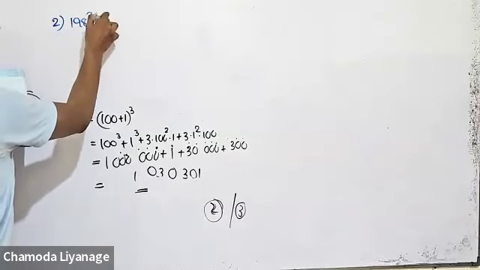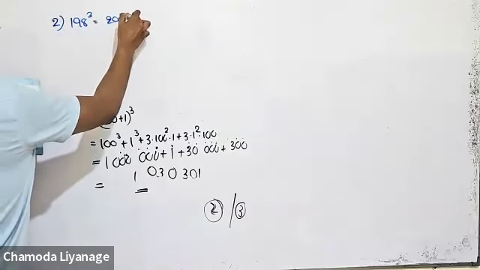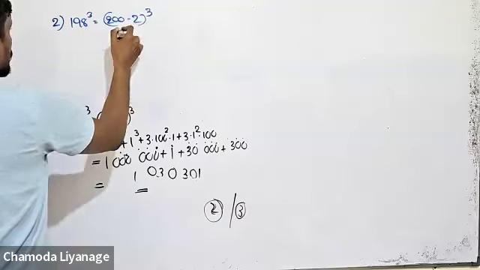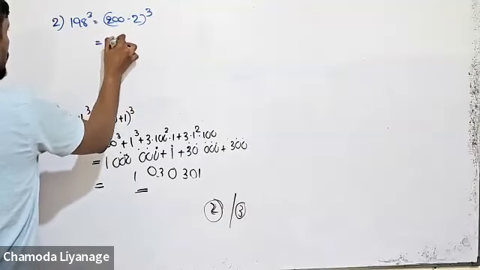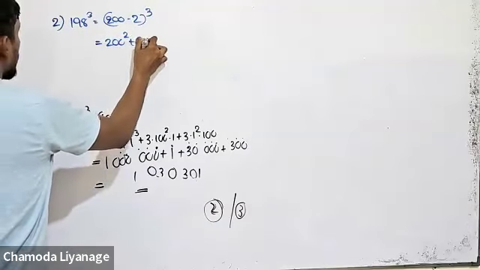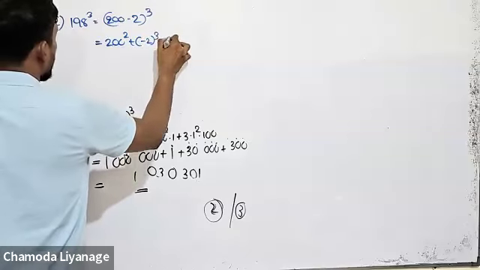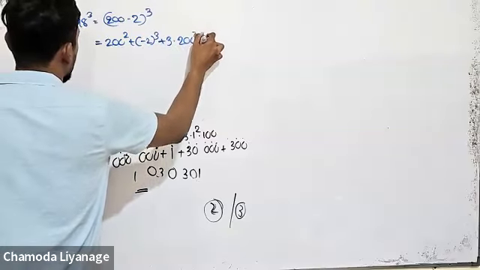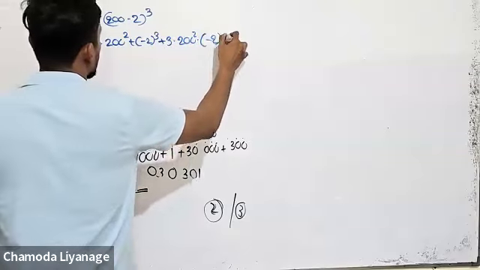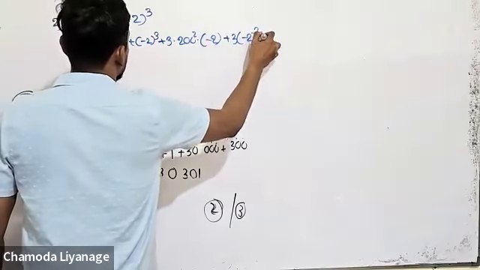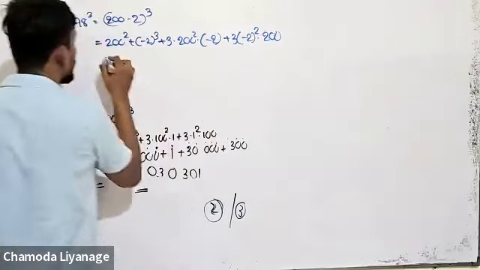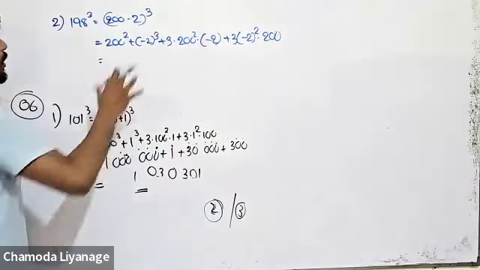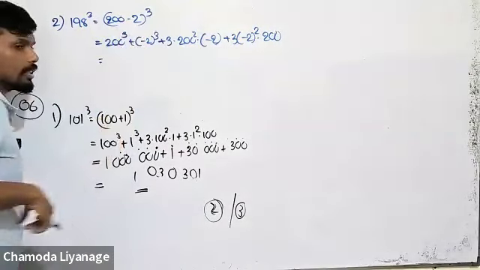So 198 cube can be written as 200 minus 2 cube. Now expand: 200 cube plus minus 2 cube plus 3 into 200 squared into minus 2 plus 3 into minus 2 squared into 200. Sorry, 200 cube, not squared.